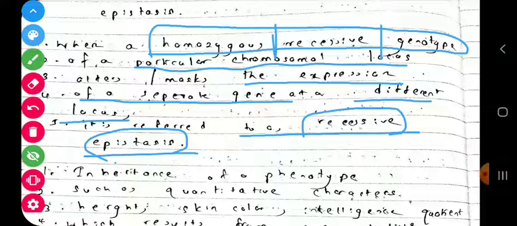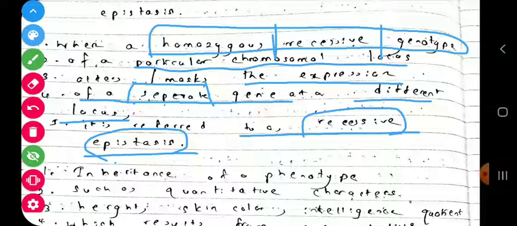Because when a homozygous recessive genotype of a particular chromosomal locus alters or masks the expression of a separate gene at a different locus. Remember the word separate gene at a different locus.